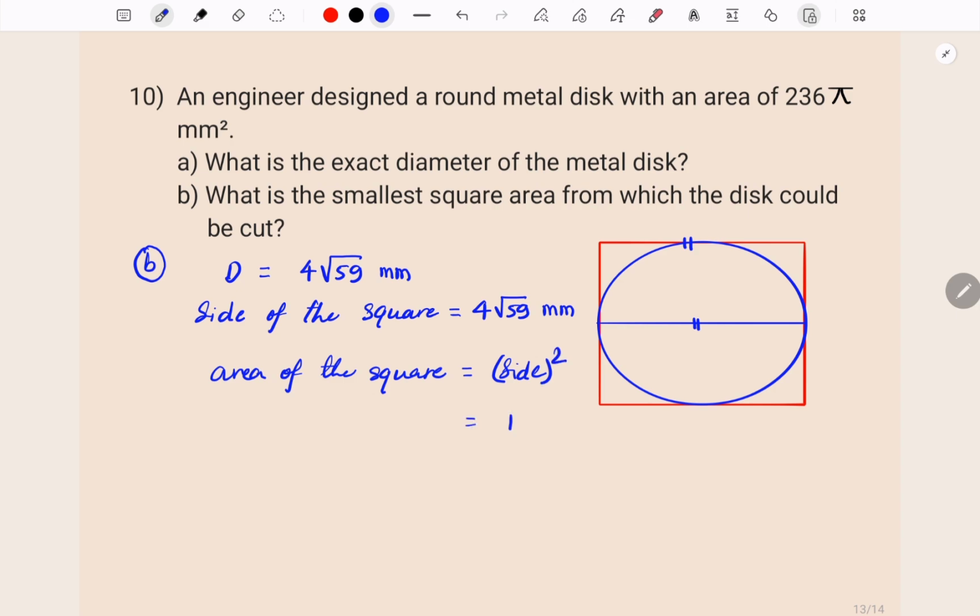We know the value of the side as 4 root 59. We need to square it. So 4 squared is 16 and root 59 squared is 59. So 16 times 59 is 944 millimeter squared. So this would be the answer of this question.